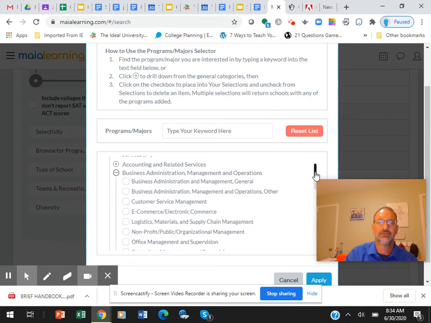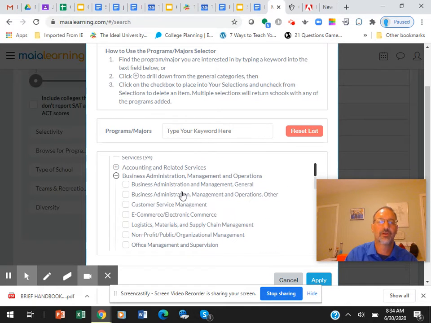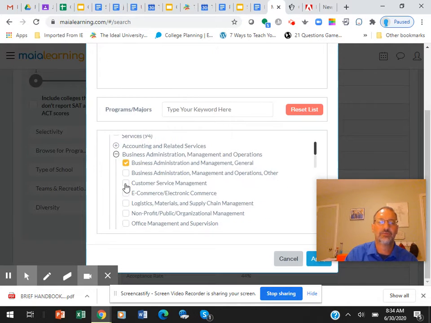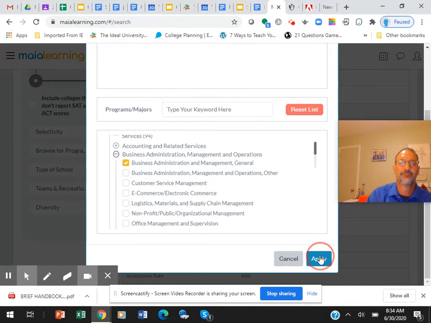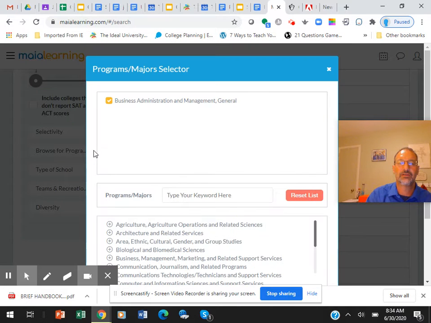Down here they have even more specific programs: project management, retail management, and so on. So I'm going to click business administration, and then you can click apply. Okay, and so that's what they're going to do. They're only going to include business administration and management schools.